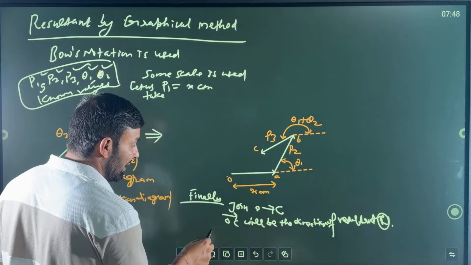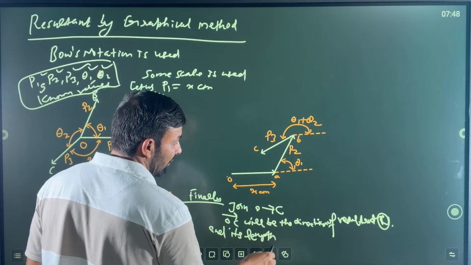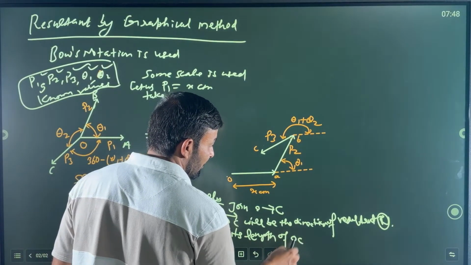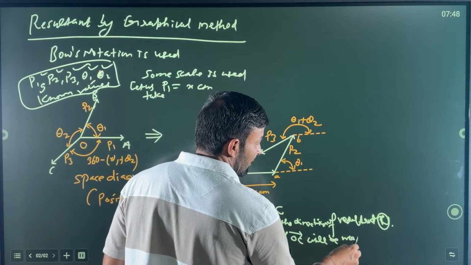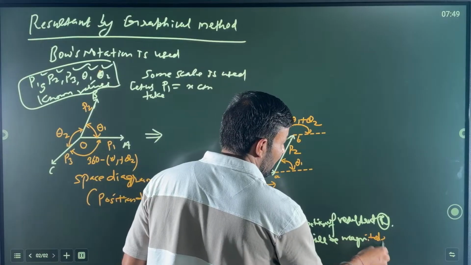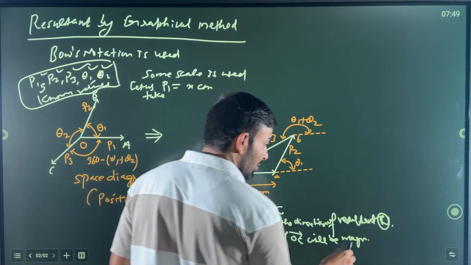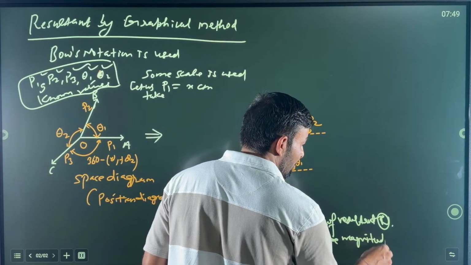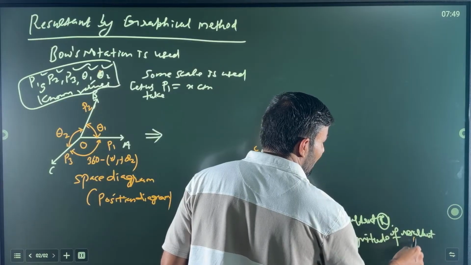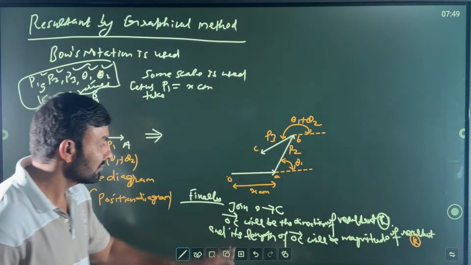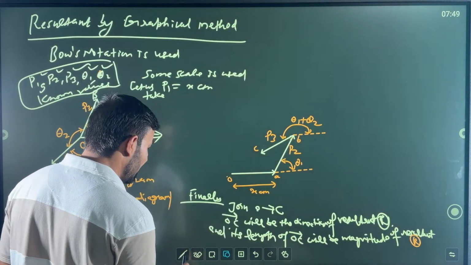And the length of the OC vector will be the magnitude of the resultant R. Be careful.